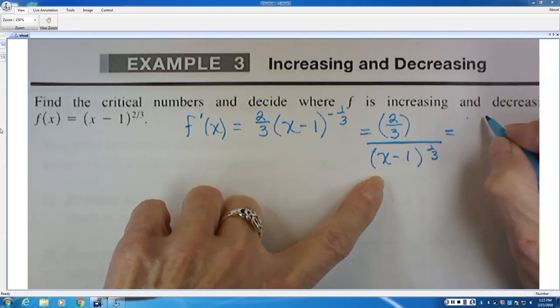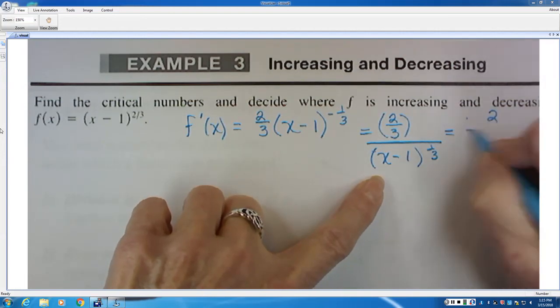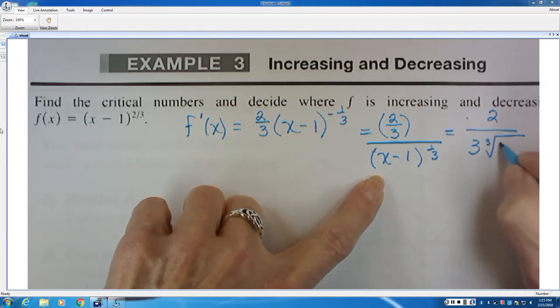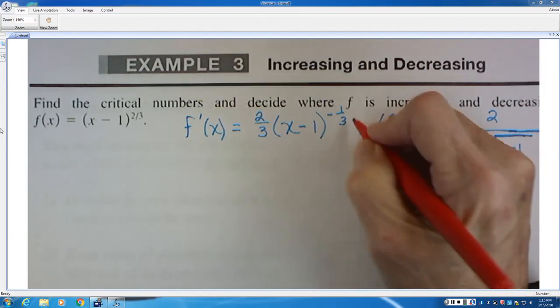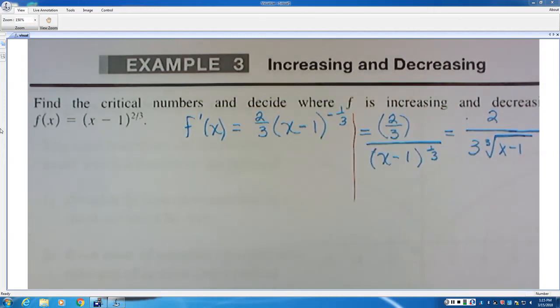think about this for a second, 2/3 on the cube root of x minus 1. Okay? Now the reason I showed you that is because if you were working at it from this point and you stopped here, sometimes you do need to do the algebra.